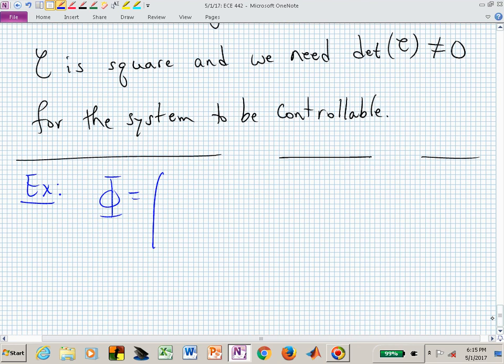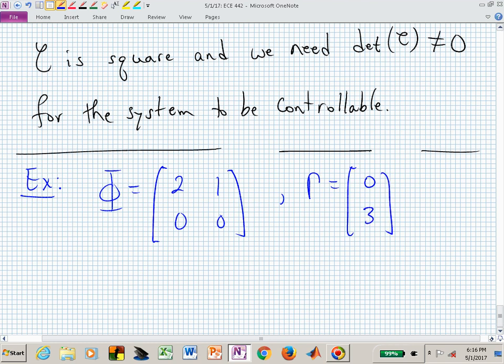Let's go back to our example. Suppose we now have our system matrix phi, and this is the open loop system matrix. That's now 2, 1, 0, 0. Our input matrix was 0, 3. So in this case, we actually have one input.